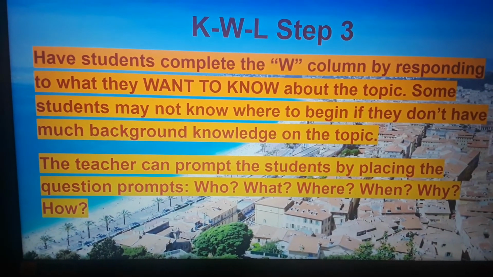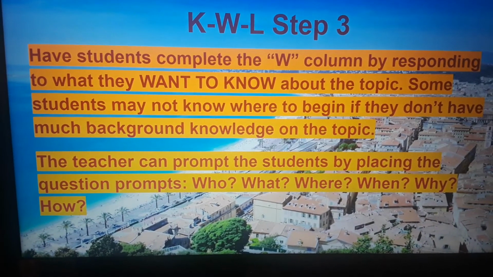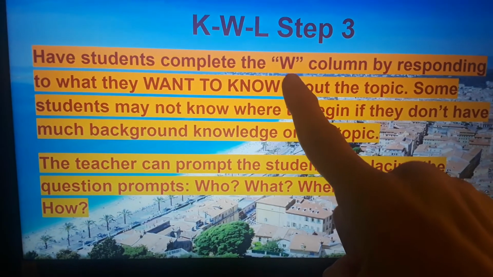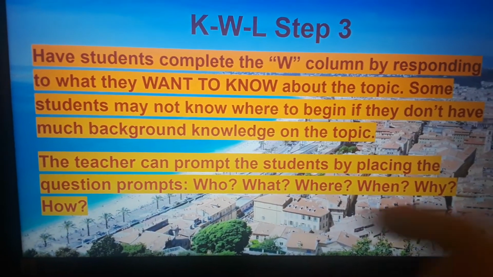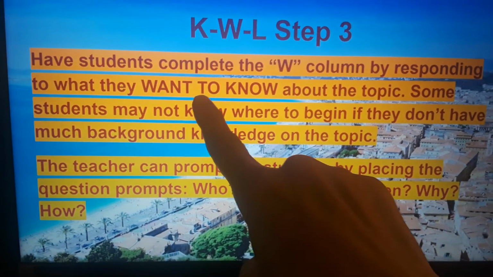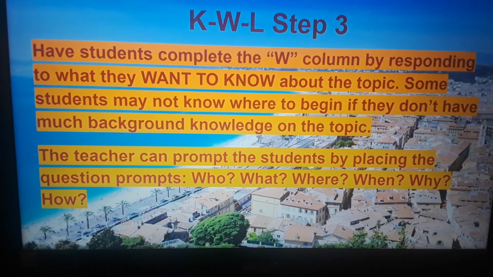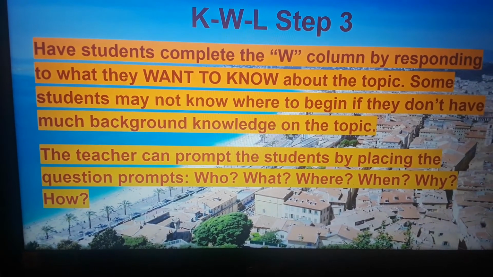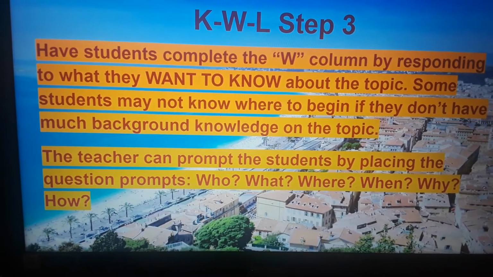Step 3. Have students complete the W column by responding to what they want to know. Some students may not know where to begin if they don't have much background knowledge on the topic.